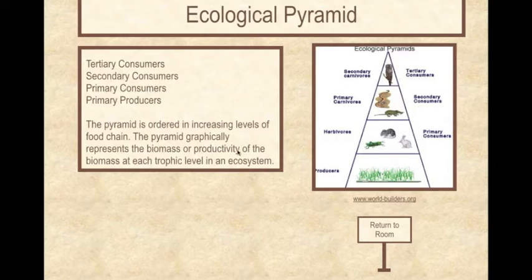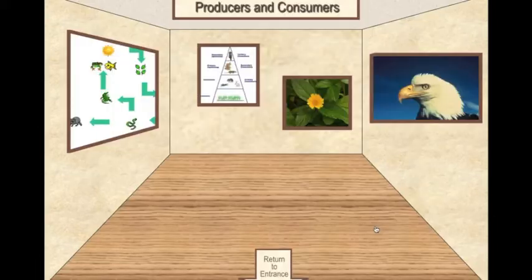On the right, there is a picture that you can refer to for what kind of animals or species could be one of the producers or consumers that I just mentioned before. This pyramid graphically represents the biomass or the productivity of the biomass at each trophic level in an ecosystem.